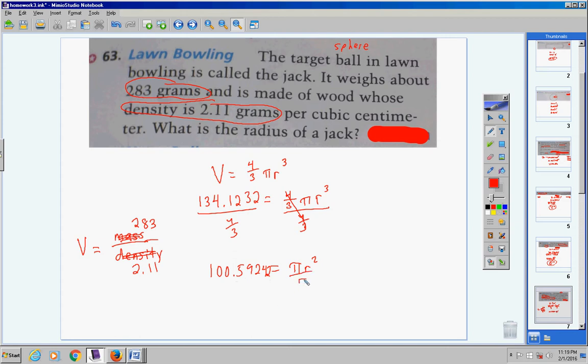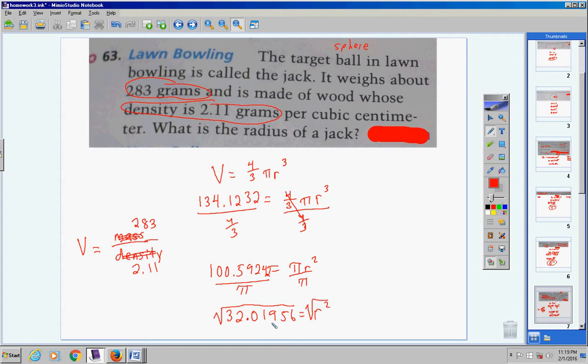Now divide both sides by pi. There should be a pi button on your calculator. So divided by pi, and that's going to give you 32.01956 equals r squared. Now, students, you know how to get rid of an r squared. Take the square root of both sides. If you take the square root of one side, take the square root of the other side.